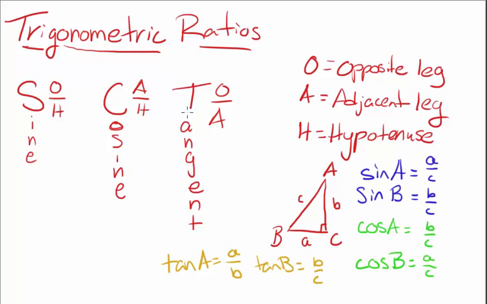Finally, we have the tangent, which is represented as a ratio of the opposite over the adjacent.